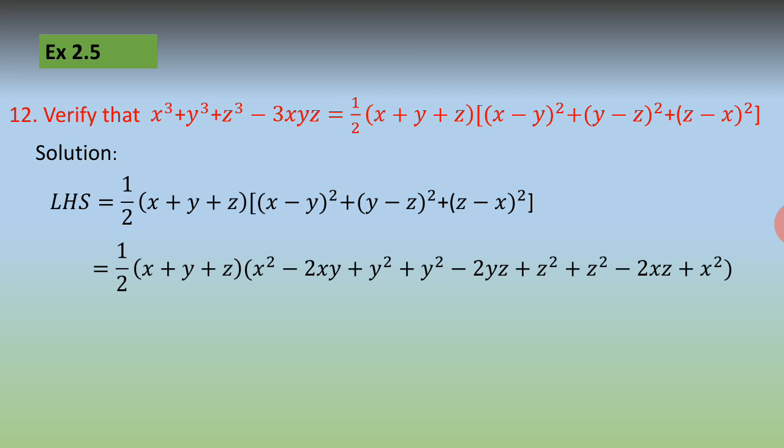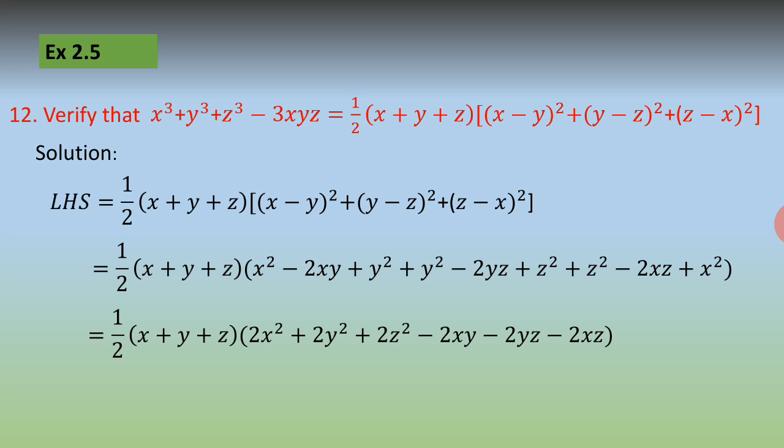Now if you look at the second bracket here, you will see that certain terms are written twice. x square is repeated. So when you add them, it will become 2x square. Similarly, y square will become 2y square. Again you have z square plus z square, which will become 2z square. Those changes are to be done and this is what you get.